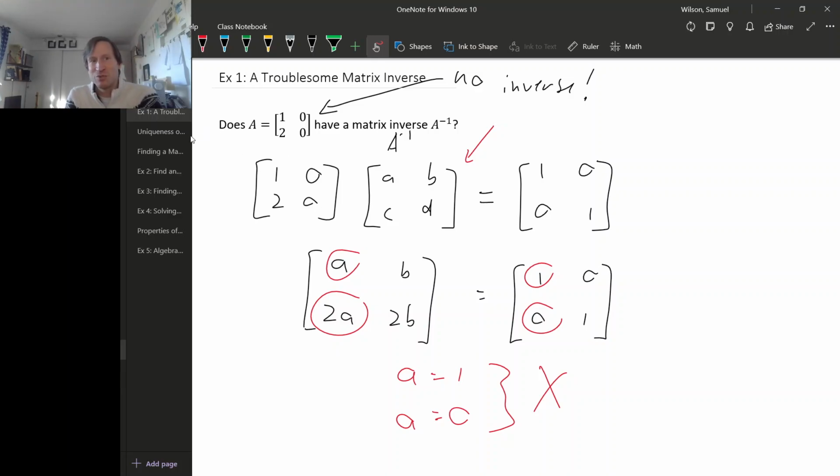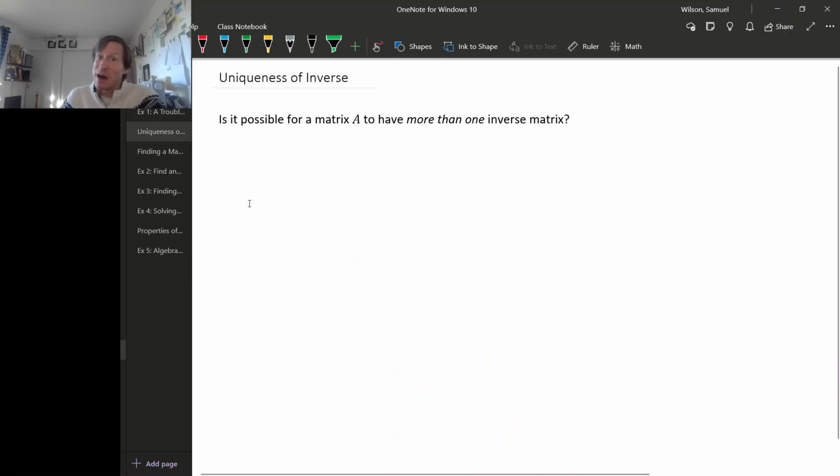Another basic question we should ask about the inverse is, is it possible to have more than one? It's not really obvious if it is possible to have more than one matrix inverse, or if it's only possible to have one, right? For real numbers, we know that if you have some real number, or some scalar r, there is a unique number that is the reciprocal of r.